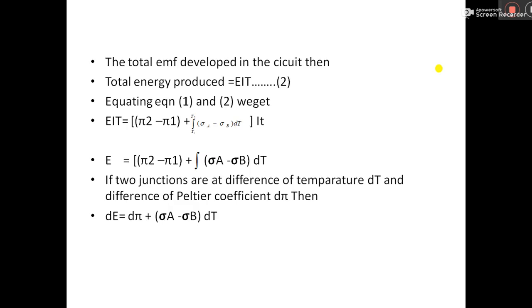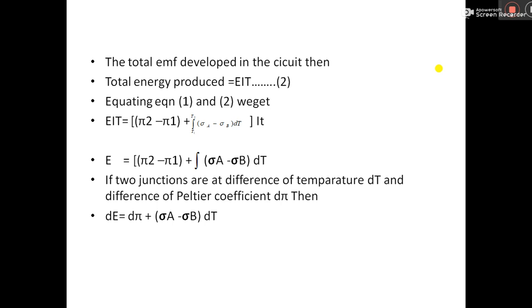The total EMF developed in the circuit, then the total energy produced is equals to E I into T. Call that equation number 2.